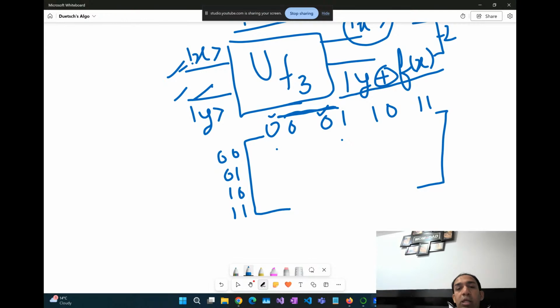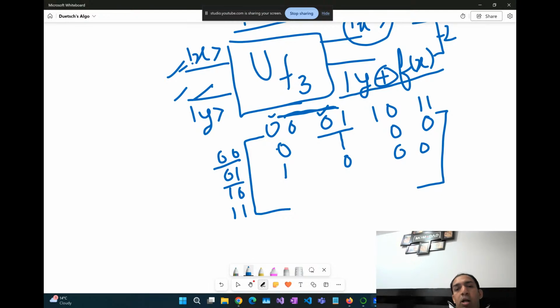So for this input, this will be the output, and of course the rest of the things will remain 0, 0. By doing similar mathematics for the input 0, 1, you can figure out that the output will become something like this.